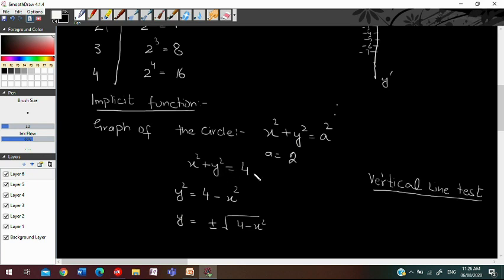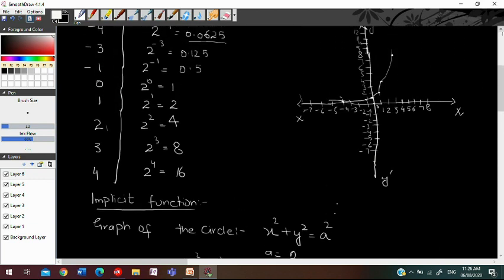Look at the previous graph which I have made here. If I draw different lines on this graph, you can see that all my lines intersect the graph at a single point. This line intersects the graph at this point, this one at this point, and so on. You can draw any number of lines, but they all intersect this type of explicit graph at a single point.